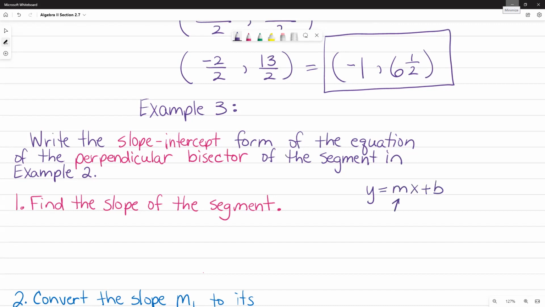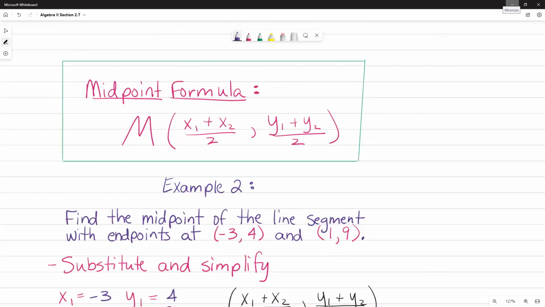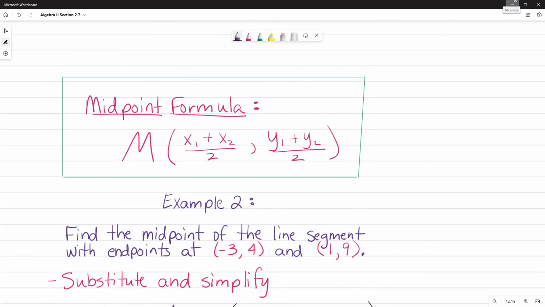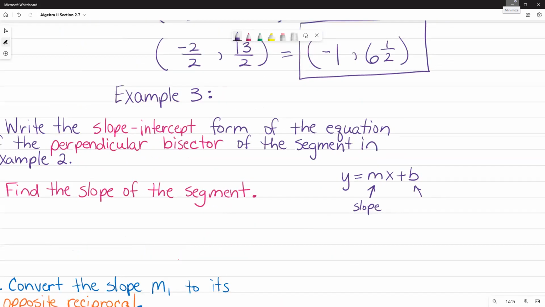And what does the m stand for? There's a reason why I used a capital M for midpoint and a lowercase m for slope, because that m is not your midpoint, that's your slope. I'm glad you said that. I did want to distinguish between those two. There is a reason one is capital and one is lowercase.